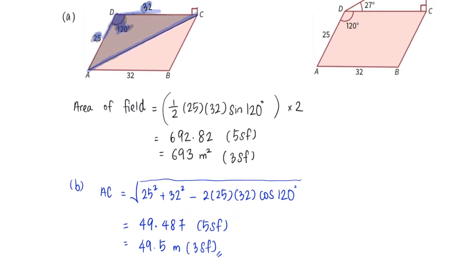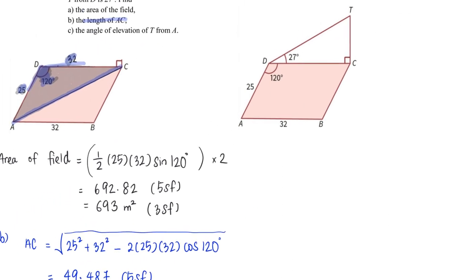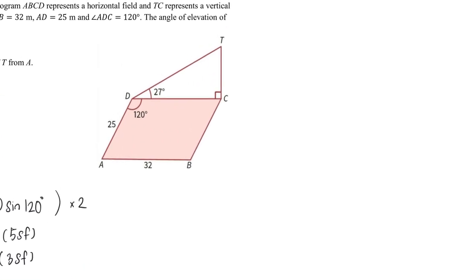Okay, so that will be for part A and part B. Part C, find the angle of elevation of T from A. So going back to this diagram here, I will take out my ruler so that I hope that you all can see. I'm going to draw two lines.